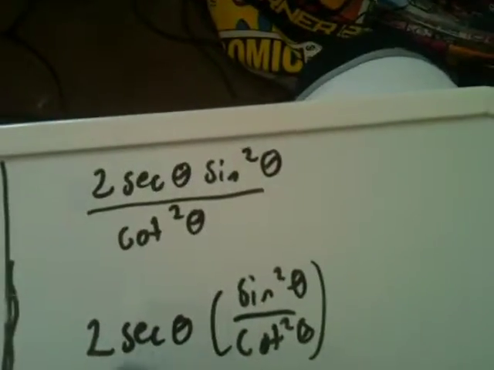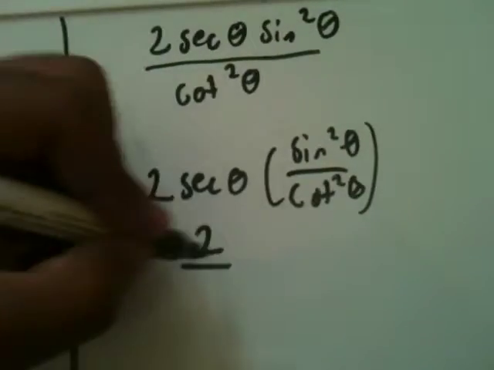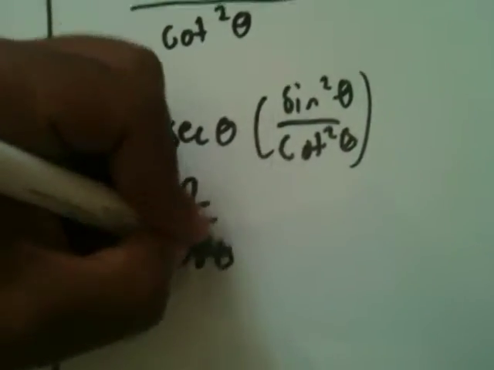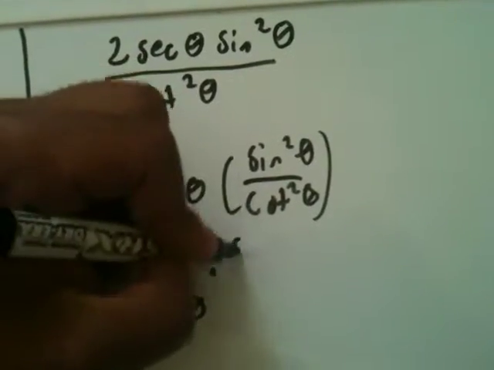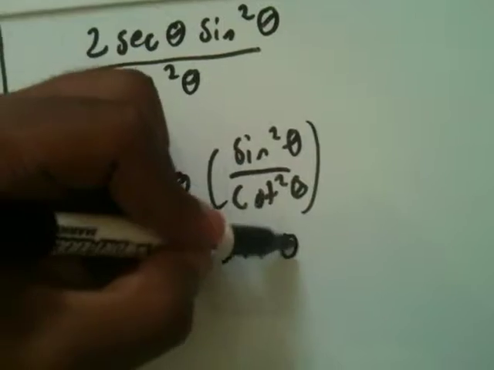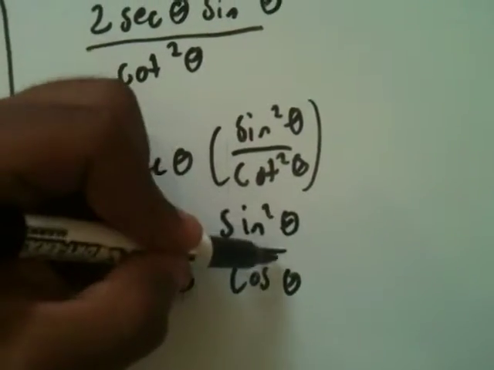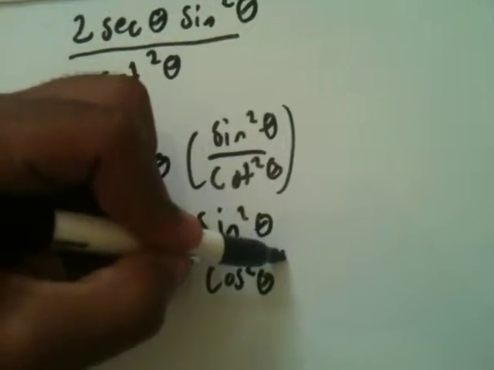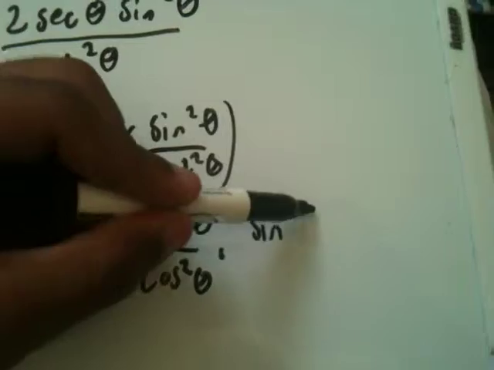Actually, let me write that as 2 over cosine of theta times sine of theta over cosine theta. Oh, those should be squares. Times sine squared of theta.